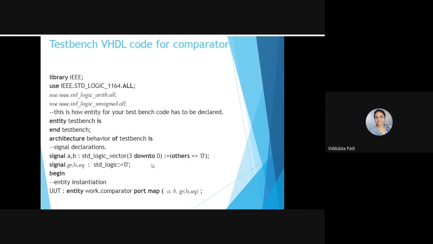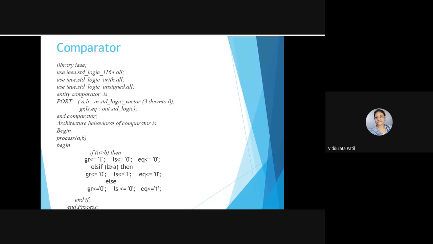If this condition is false, then B will be greater than A, or you can say A is less than B. Then GR should be 0, LS should be equal to 1, and EQ should be equal to 0. And if both these conditions are false, then GR should be equal to 0, LS should be equal to 0, and EQ should be equal to 1.